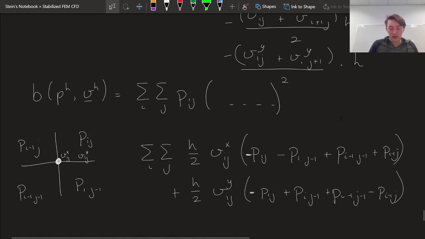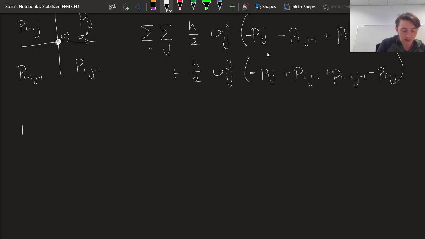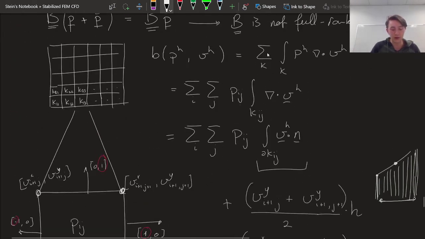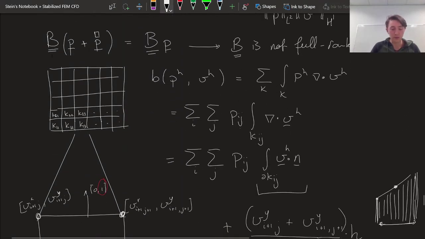Now, why am I going through all this trouble? Let me now define a specific pressure function, and it is going to look like this. We're going to define this P with a square, right? We're trying to find a special pressure such that the multiplication by B produces a zero value.